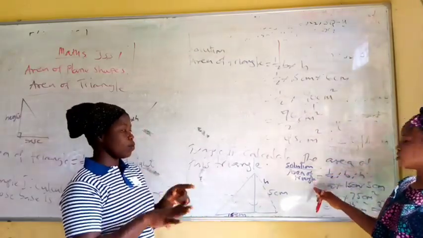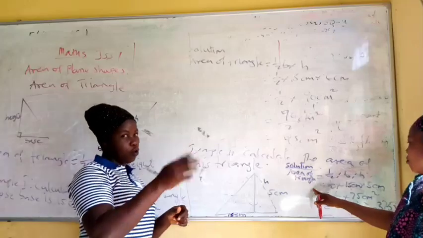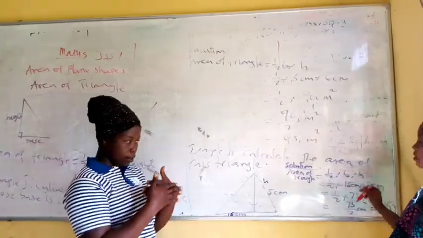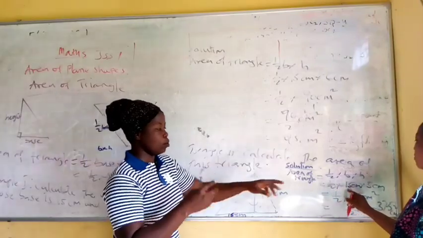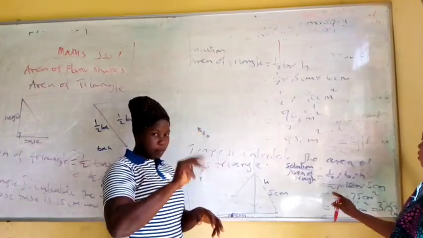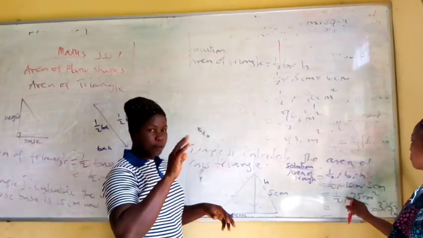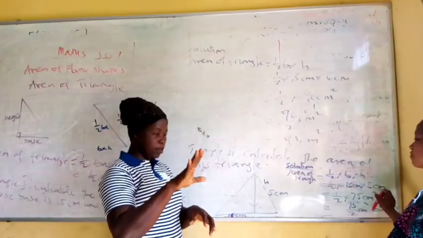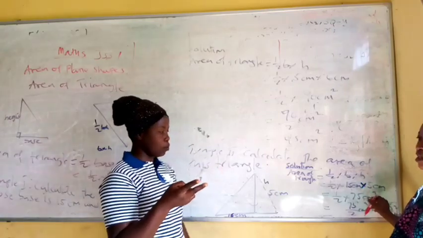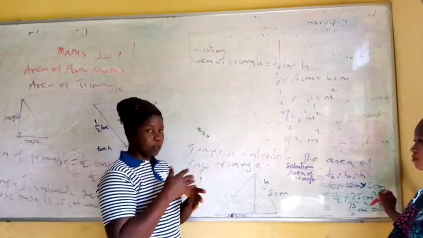Now, to find the area of that triangle, it will be half times base times height, giving me half times 15 centimeter times 5 centimeter, which gives me 75 centimeter square.